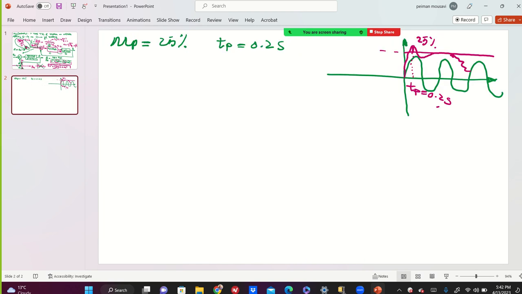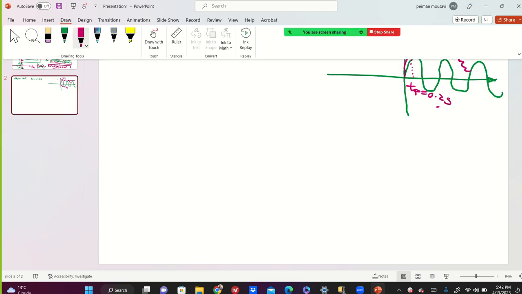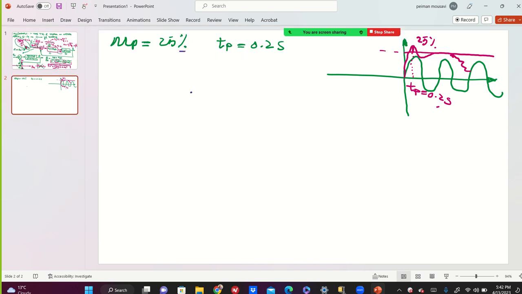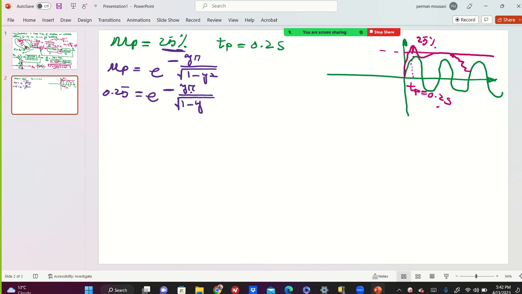Okay, let's do that. I started in the previous class, but today more specifically. 25% means, remember that in the second order system I taught you Mp is e to the minus zeta pi over the square root of 1 minus zeta squared. So 0.25 equals e to the minus zeta pi over the square root of 1 minus zeta squared. I'm going to apply the natural logarithm.